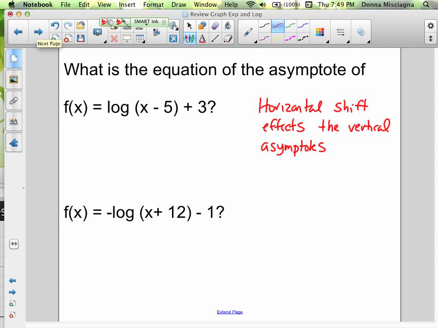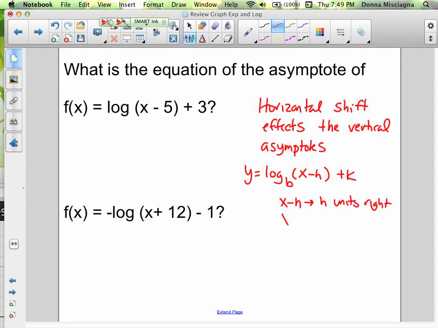So remember what the form looks like. Y equals log, and then whatever our base is, of x minus h, plus k. All right, so if we have x minus h, that's h units right.